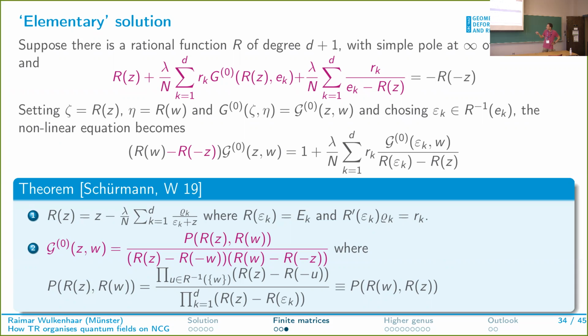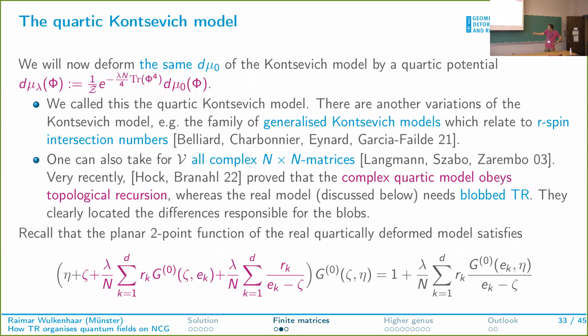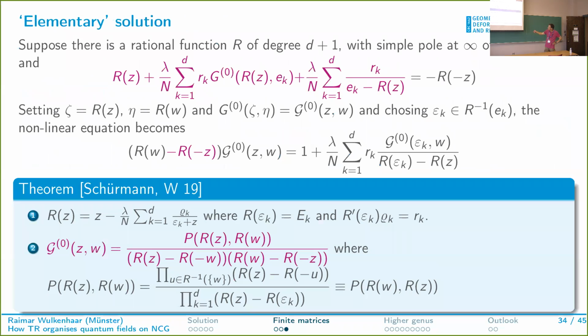I did this with my colleague Jörg Schürmann. Suppose we have some function R of degree d+1, simple pole at infinity with residue -1. There is such a magic relation. This comes from essentially here. This is the red part. And if you plug in zeta is R of z, then you get here the left-hand side.